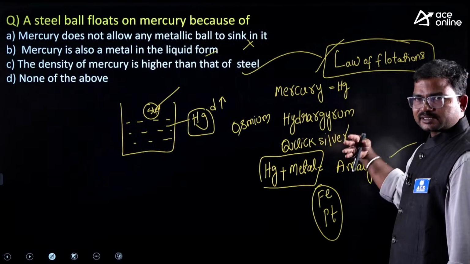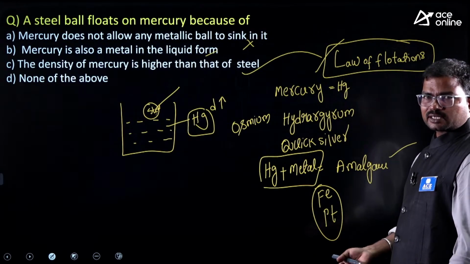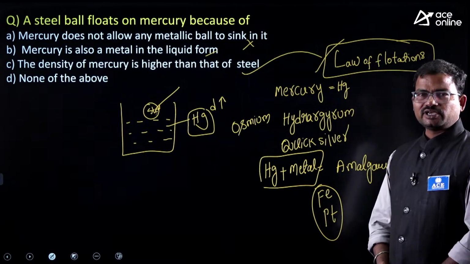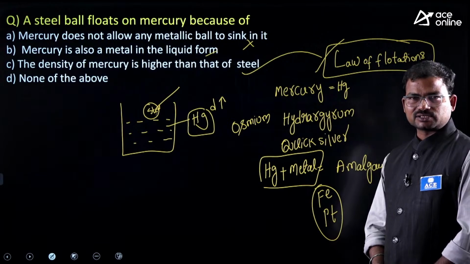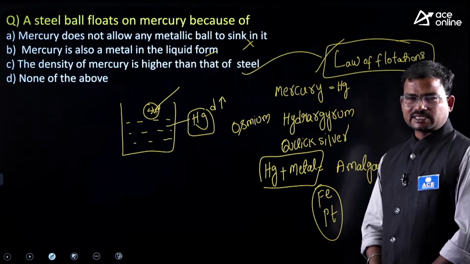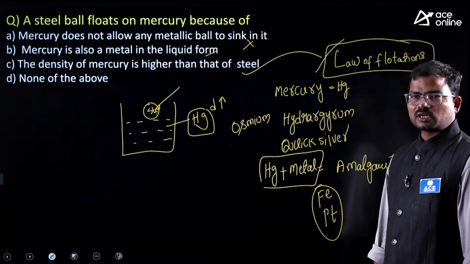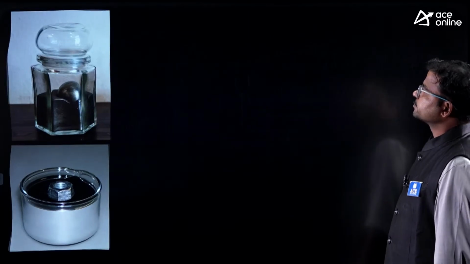Because its appearance is silver, but it is not just that. When we add any type of metal, within a fraction of a second almost all metals easily dissolve in it, except iron and platinum. These two do not react with mercury.